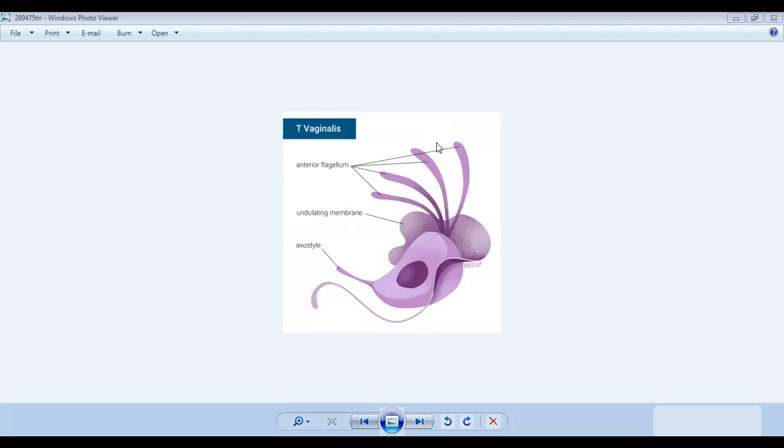So Trichomonas is a commensal protozoa, living in the vagina. It can sometimes be pathogenic, leading to offensive, frothy discharge, leading to vaginitis or cervicitis.